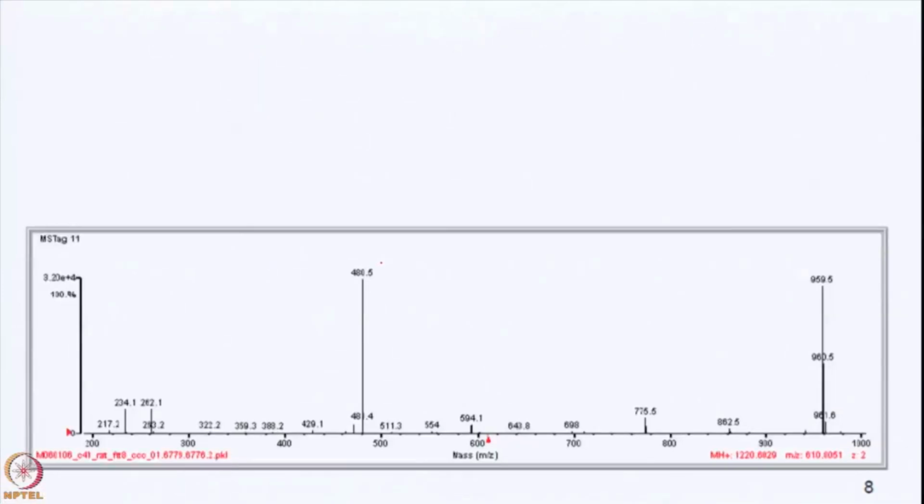Okay, 2 times 480 would give you 960. Right? There's 2 charges on this. There's only 1 charge on this. All right. What else have we got? Okay, this is 1220. Is there any symmetry here?